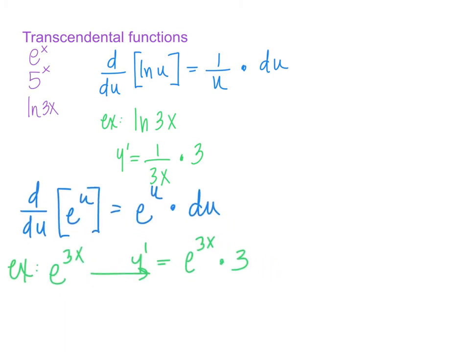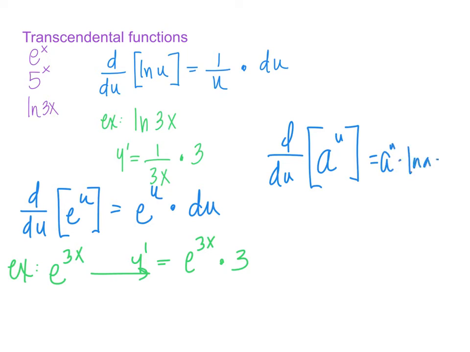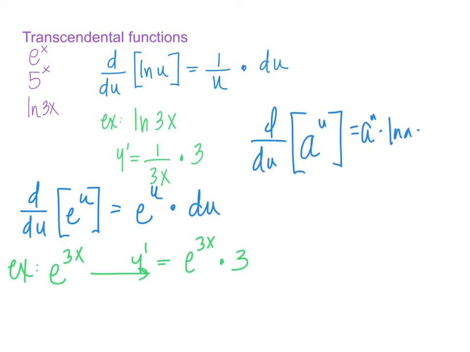All right, and the last one is a to the u. A to the u is when your base is a number, where a is a number. For example, like 5 to the x. The derivative of a to the u is equal to a to the u ln a du.